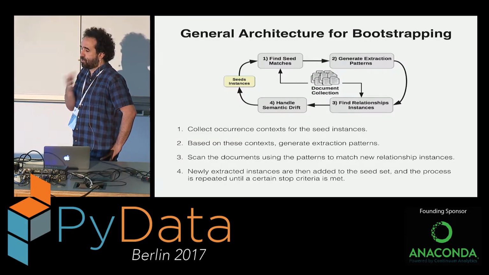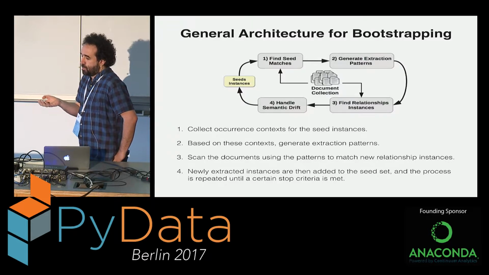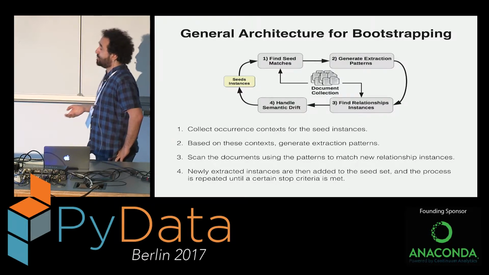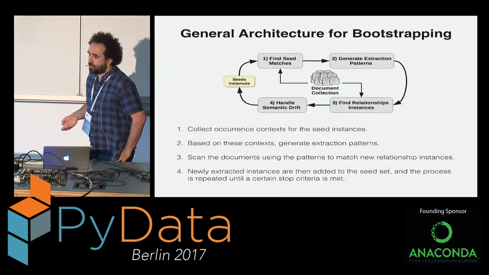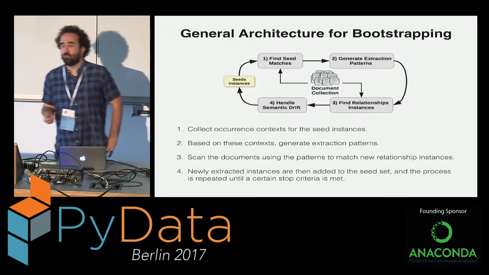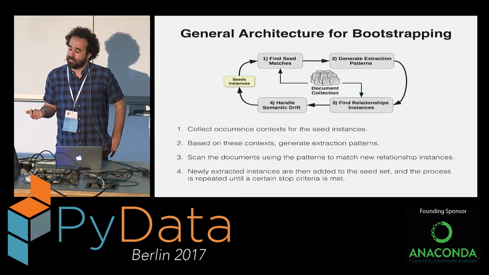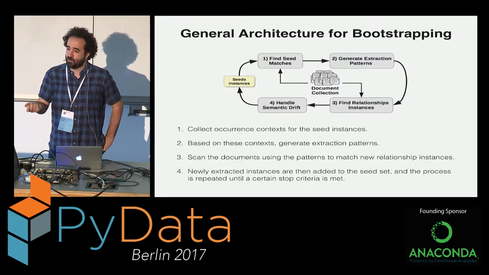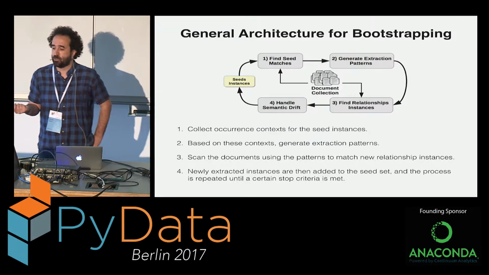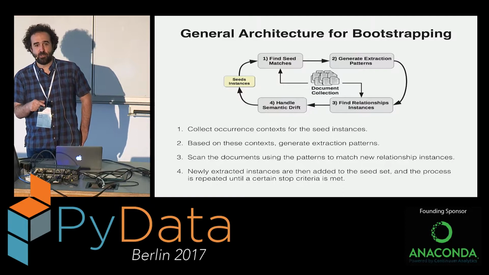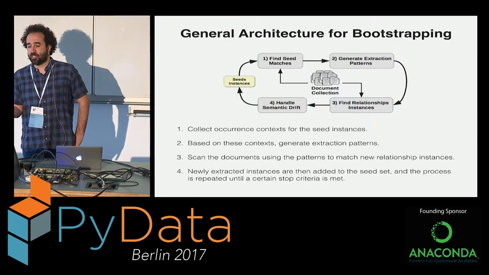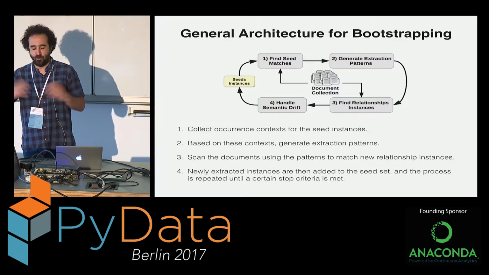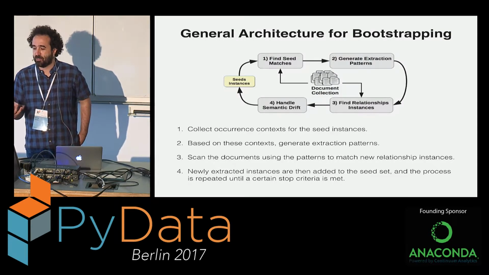So this is the typical architecture of a bootstrapping system. You have roughly 4 phases. You give as input the seed instances, and then what you have to do is find matches of those seed instances in the document collections, and you gather all the textual contexts where they occur. You will use those textual contexts to generate what are called extraction patterns. You can cluster them, and you can do many things with them, and you have patterns.